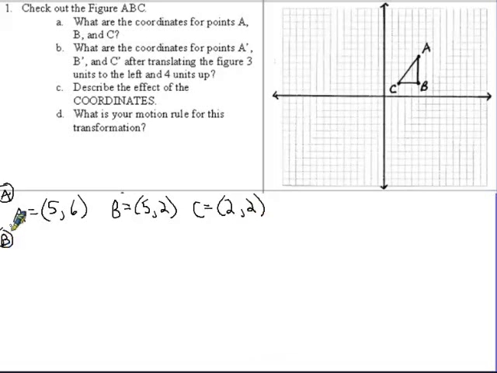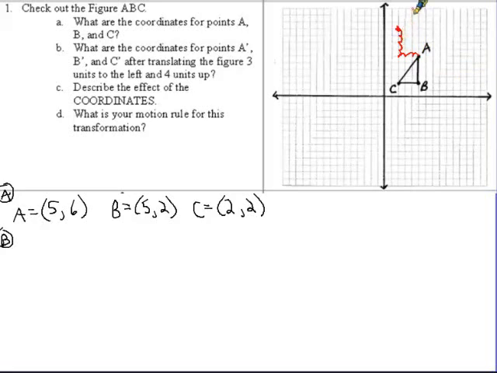Alright, so now it's asking what are the coordinates for points A prime, B prime, C prime after translating the figure 3 units to the left and 4 units up. So I would take this, I'm going to do a different color here, and I would go, let's see, how many do they want me to go? 3 units to the left. So 1, 2, 3, and then 4 units up. 1, 2, 3, 4.